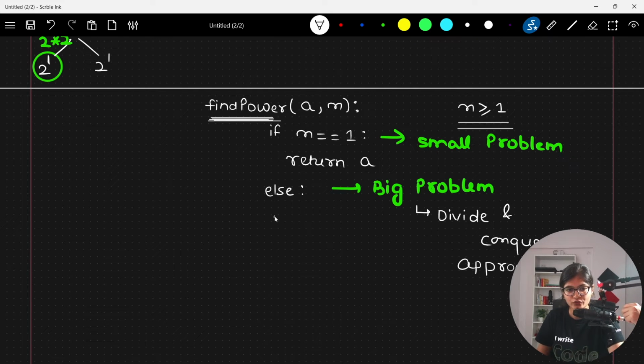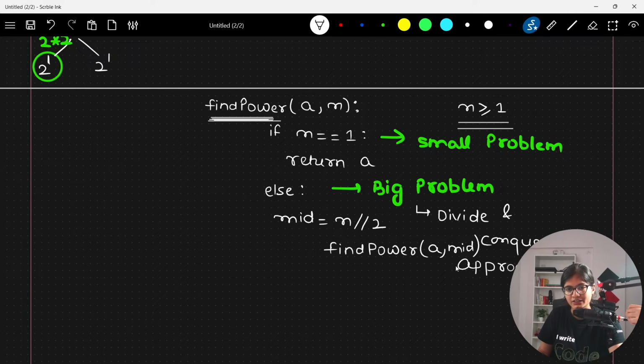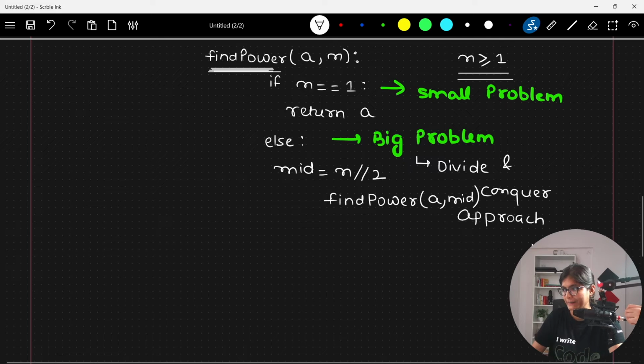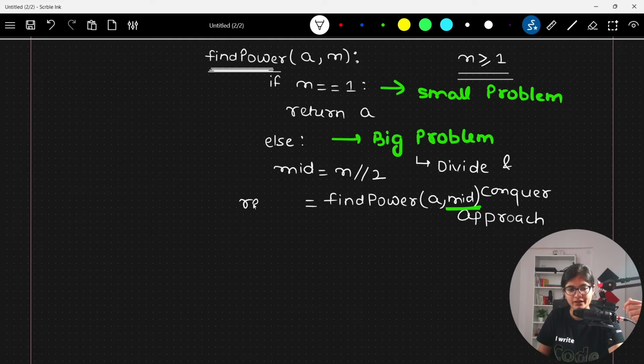First of all, I will find the mid value, which is nothing but n divided by 2. Then I will simply call the same function again, find power, but now with the value a and mid. So here we will have the parameter mid now. This will keep on splitting, and I am storing the result here.